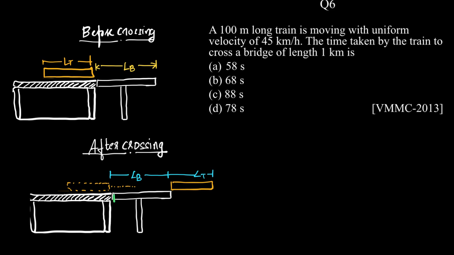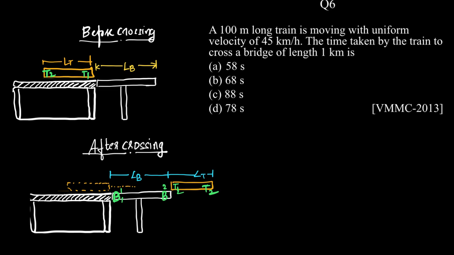So if you say bridge is B1, B2, and train is T1 and T2, okay, only when the T2 portion coincides with the B2 portion, that would be fine, right?